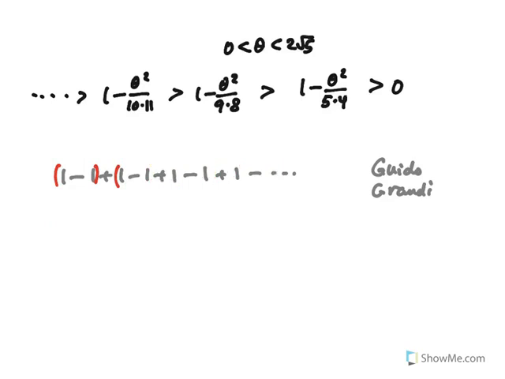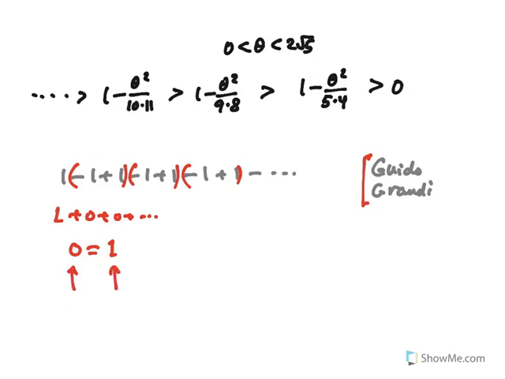But if you group the terms this way, then it's just a 1 plus a sum of infinitely many zeros, which should be a 1. So basically what Guido Grandi concluded is that this was a new proof of the existence of God, because something is being created out of nothing.